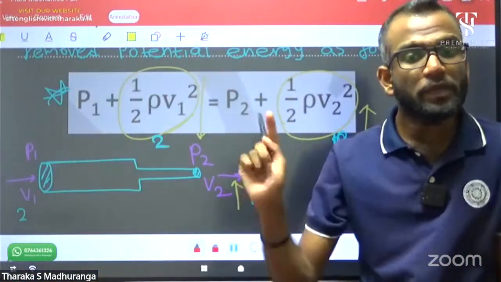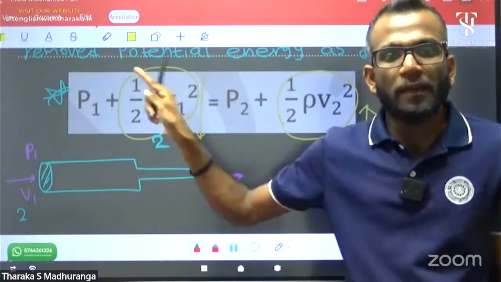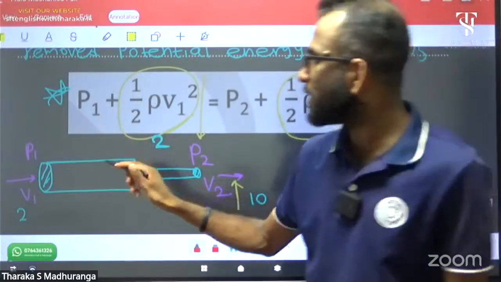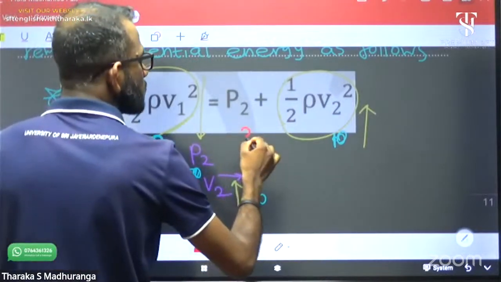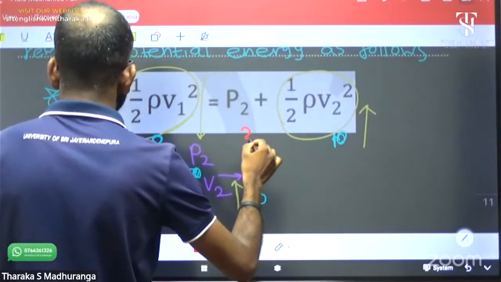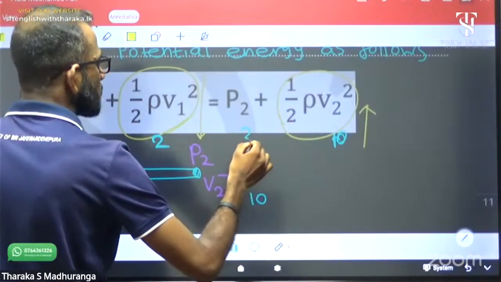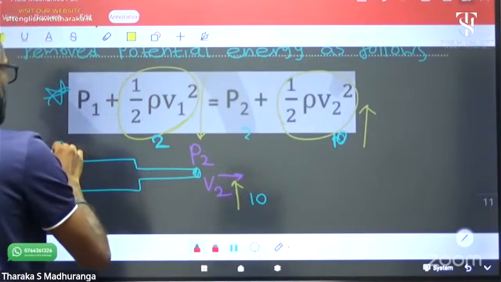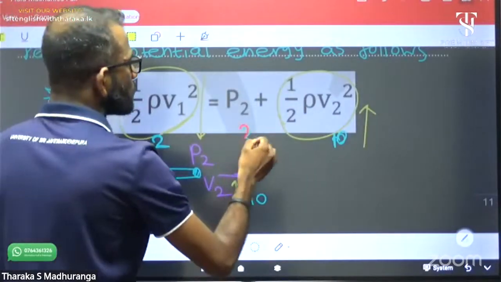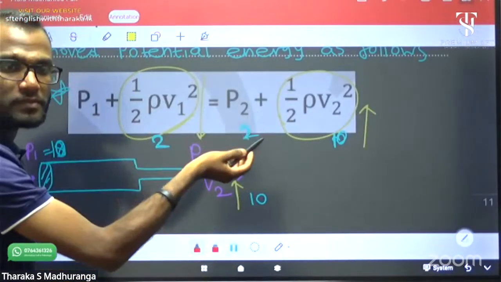Then what happened to P1 and P2? P1 equals 8, and the other becomes 10. It is only 2 because both sides are the same.